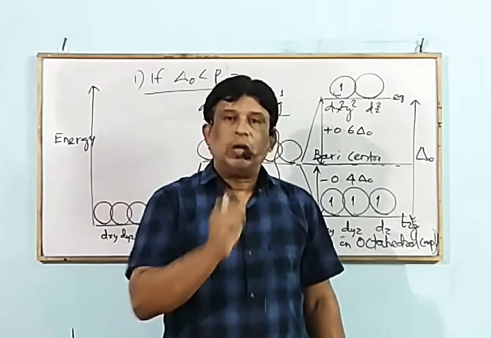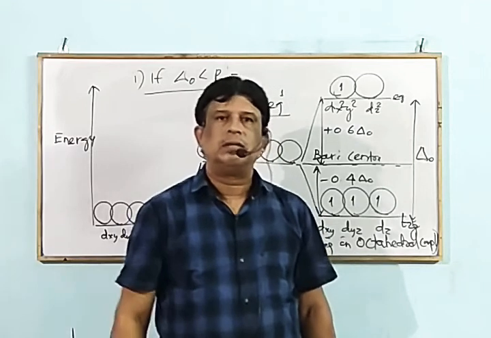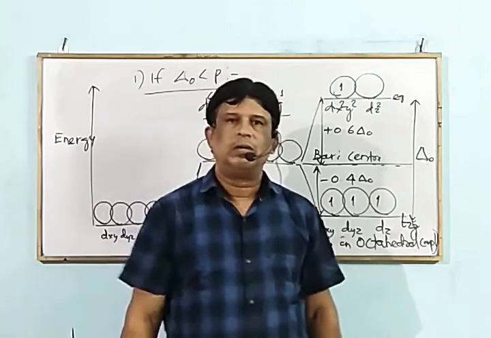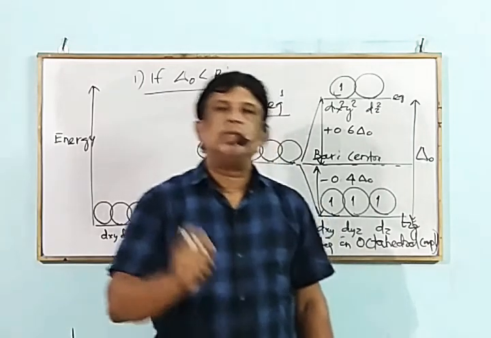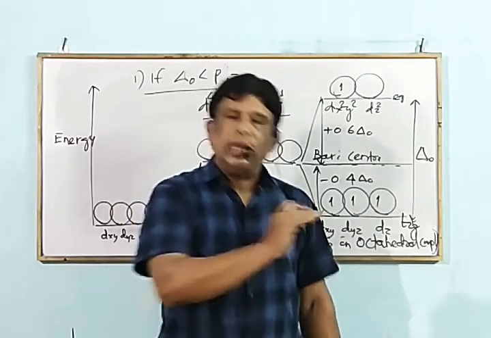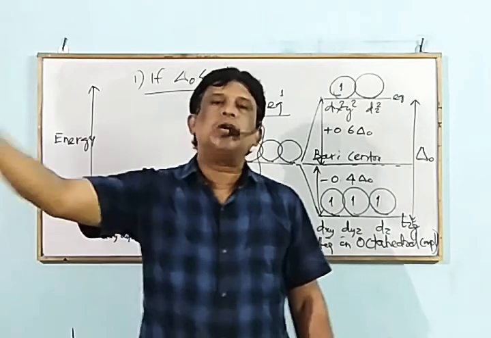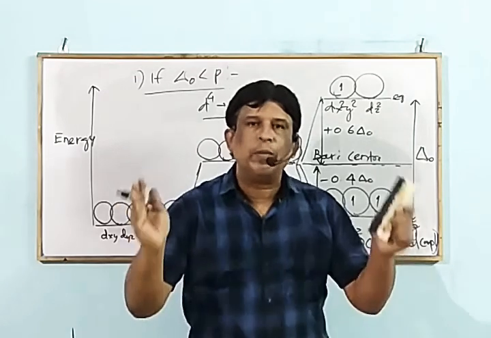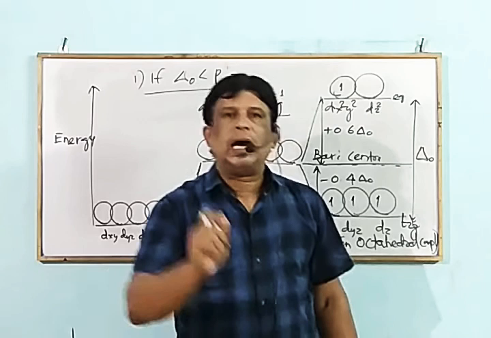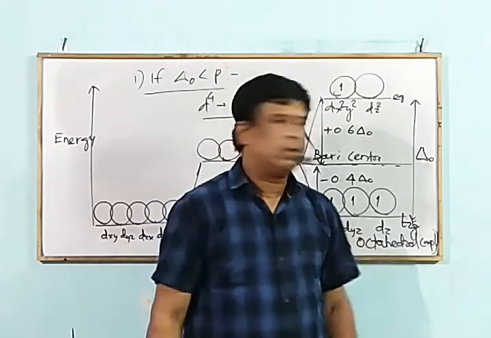We know the ligands are arranged on the basis of their del O value. On the basis of their del O, crystal field stabilization energy value, if the ligands are arranged in increasing order of del O, they form a series known as the spectrochemical series. Mark the series.